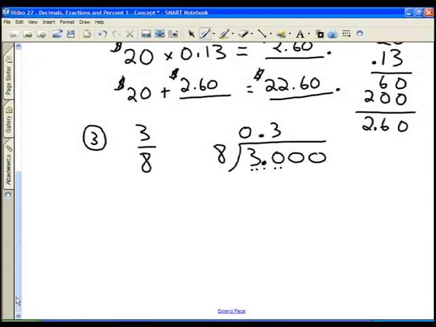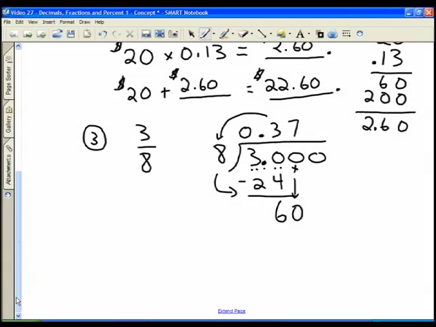So 8 goes into 30 3 times. 3 times 8 is 24, and we write that underneath. And now we subtract. And 30 minus 24 is 6, and now we bring down our 0. And now we need to know how many times 8 goes into 60.